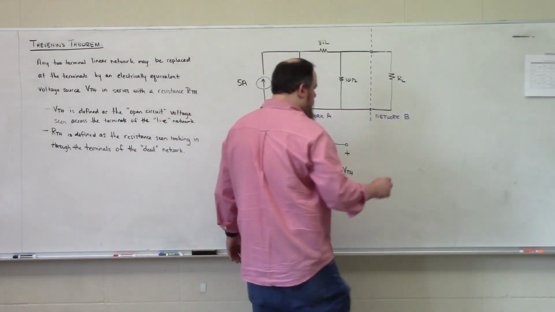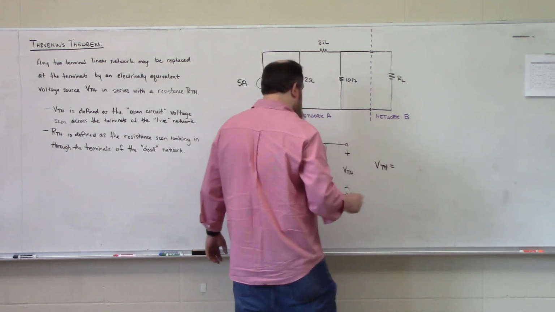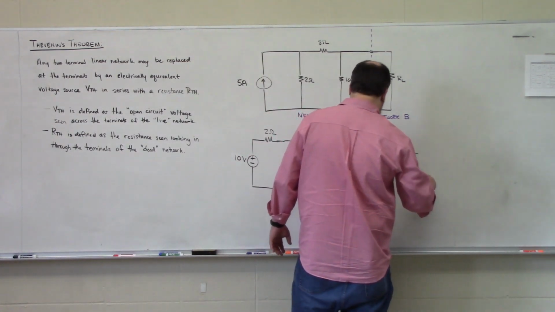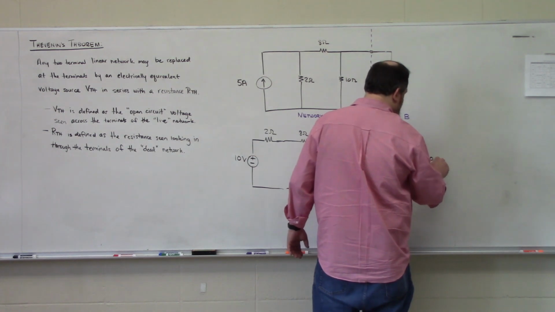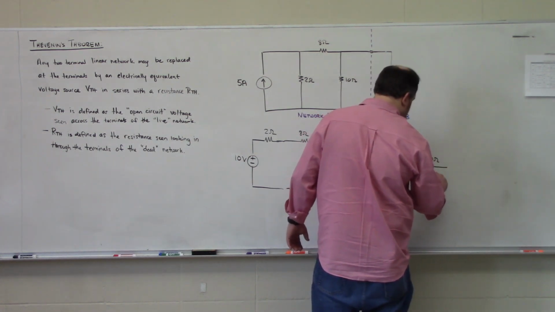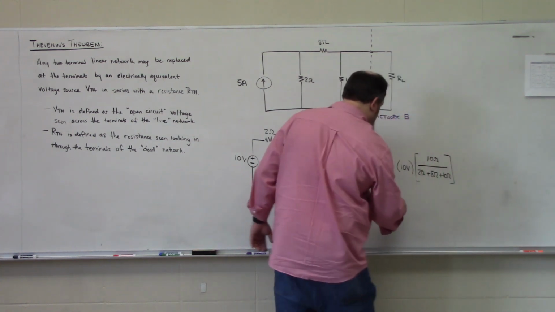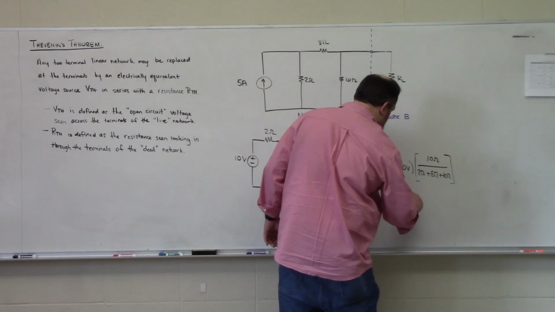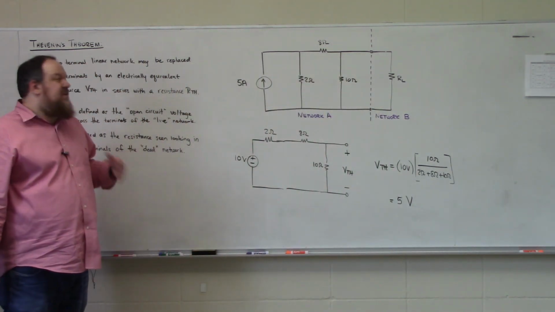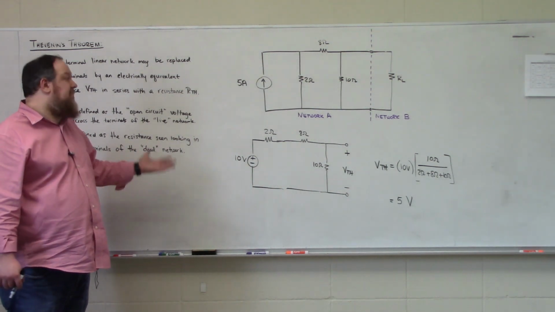And now, using voltage division, VTH is going to be 10 volts multiplied by 10 ohms over 2 ohms plus 8 ohms plus 10 ohms is equal to 5 volts. So it is literally that simple to determine the Thevenin voltage, at least for this particular circuit.